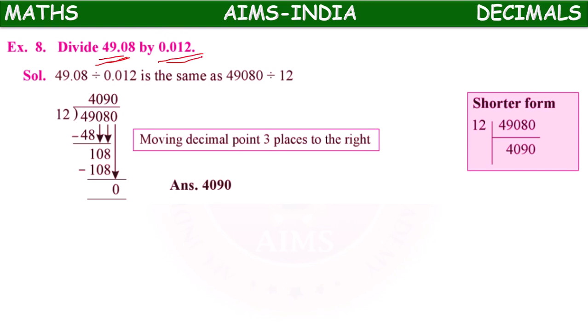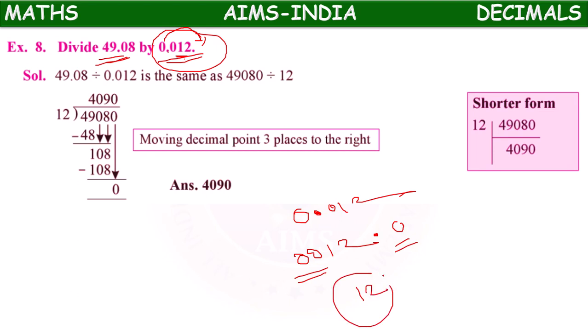49.08 divided by 0.012. Here in the divisor we have 3 decimal places, so we have to move 3 decimal places. 0.012 becomes 0012, which we can make as 12. But the dividend is 49.08.